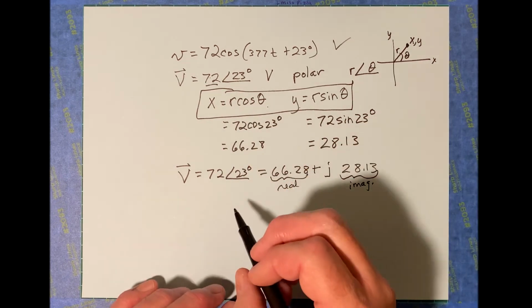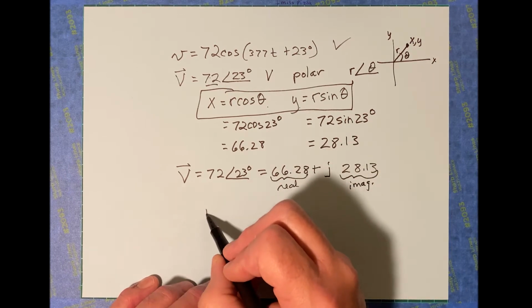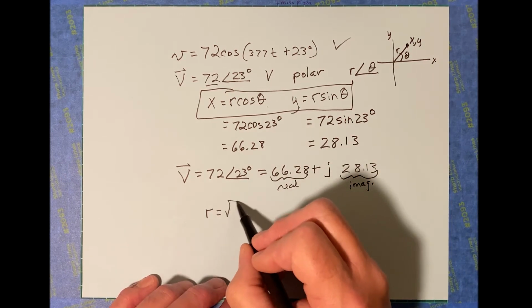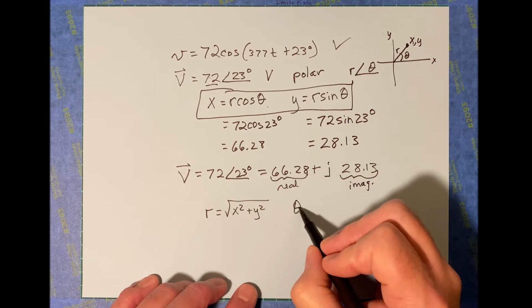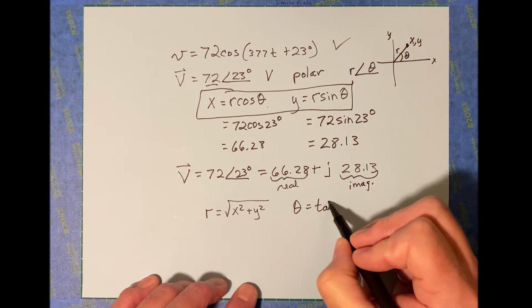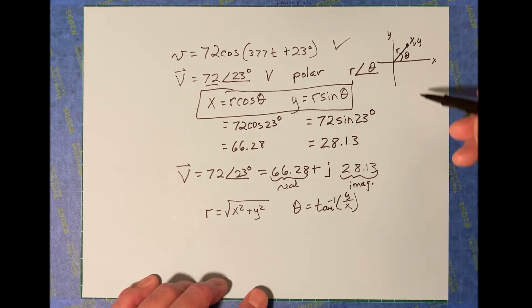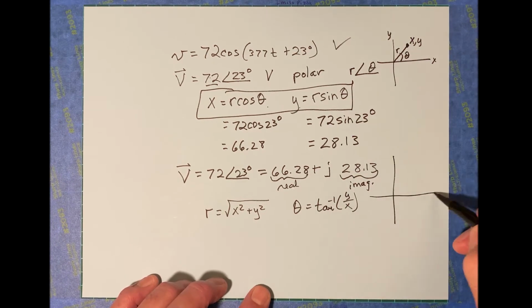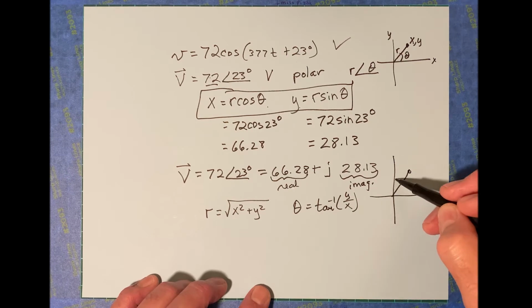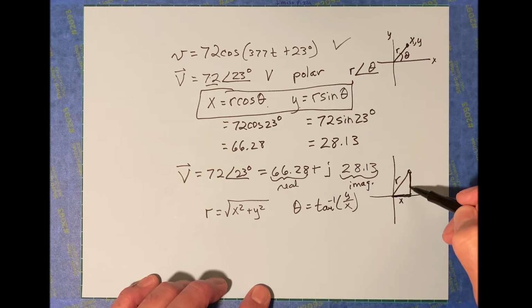Now, if you want to go the other direction, let's say you want to start with x and y and get r and theta, well, you know how to do that. R is equal to the square root of x squared plus y squared, and then theta is equal to the inverse tangent of y over x, like that. And you think about it here on your coordinate system. Let's say there's our point there. This is r. Then you imagine a triangle. This is the x portion.